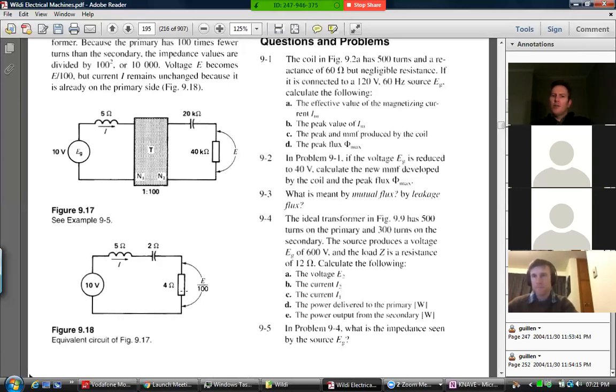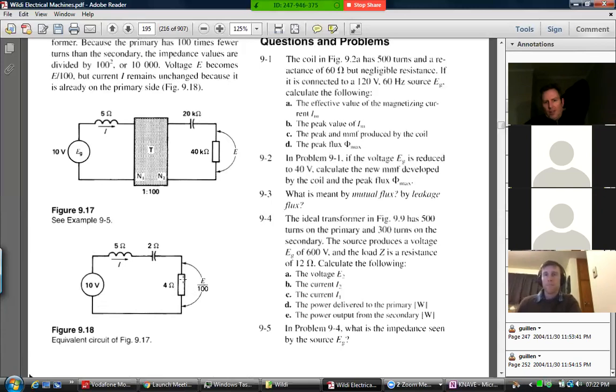So as usual, once you've moved everything over to the same side and gotten rid of the transformer completely, now you can analyze and solve: group the R's together, get an R value, take the X, combine that into a Z, then you do I equals E divided by Z. You can get a current in this thing. Once you've got a current, you can get this voltage. How? A certain current times a certain resistance will give you a certain voltage.